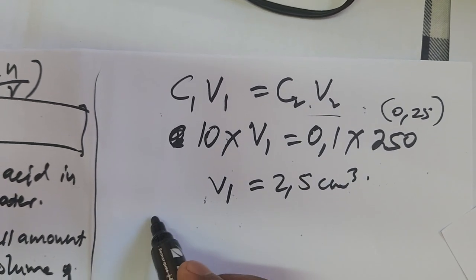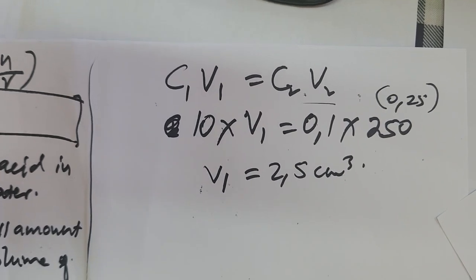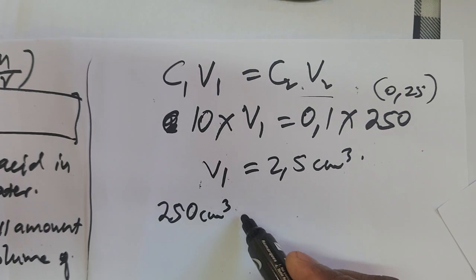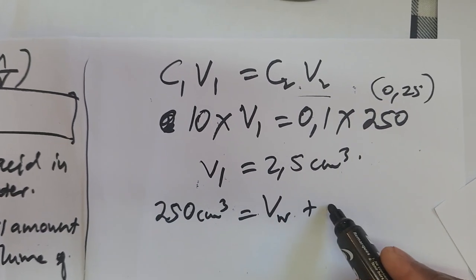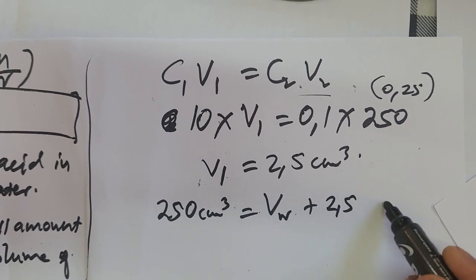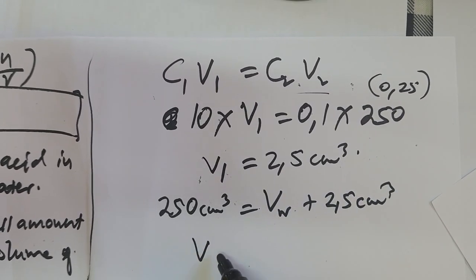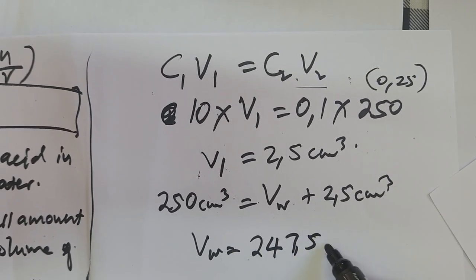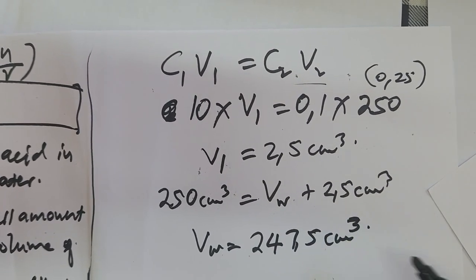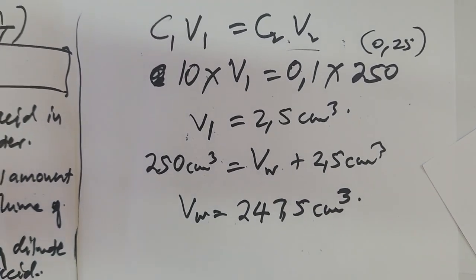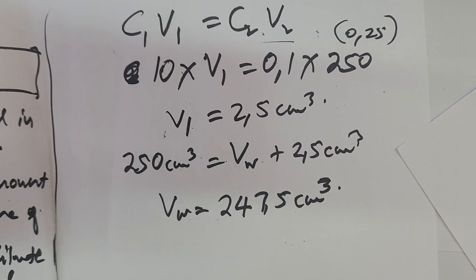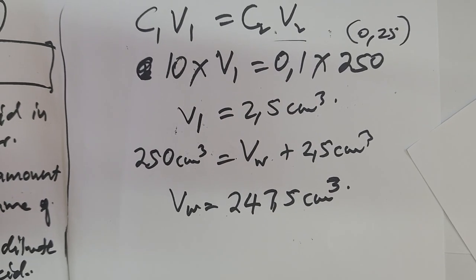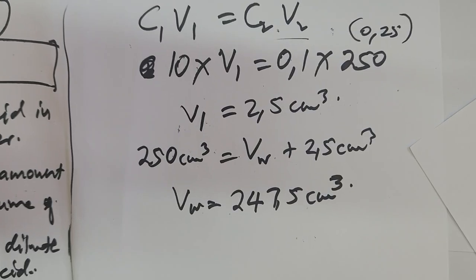Then the volume of water: remember the 250 cubic centimeter is the volume of water plus the volume of the acid, which is 2.5 cubic centimeter. Therefore the volume of water will be 247.5 cubic centimeter. So that is how you deal with this type of calculation. Hopefully when time continues, we'll also deal with questions integrated in an acid-base question in a formal question paper.